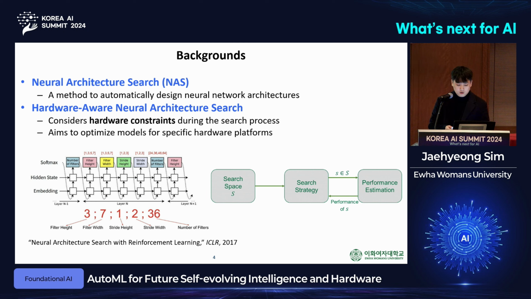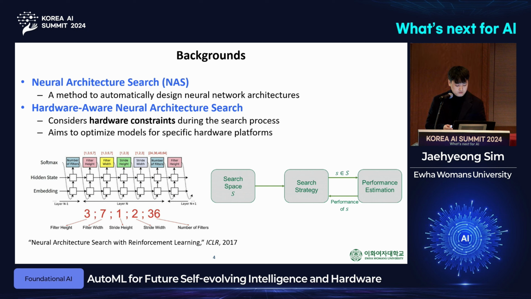And one of the famous approaches towards AutoML, designing neural network models, is using neural architecture search, in short NAS. It's a method to automatically design neural network architectures. Here is an example of a seminal paper proposed in 2017.